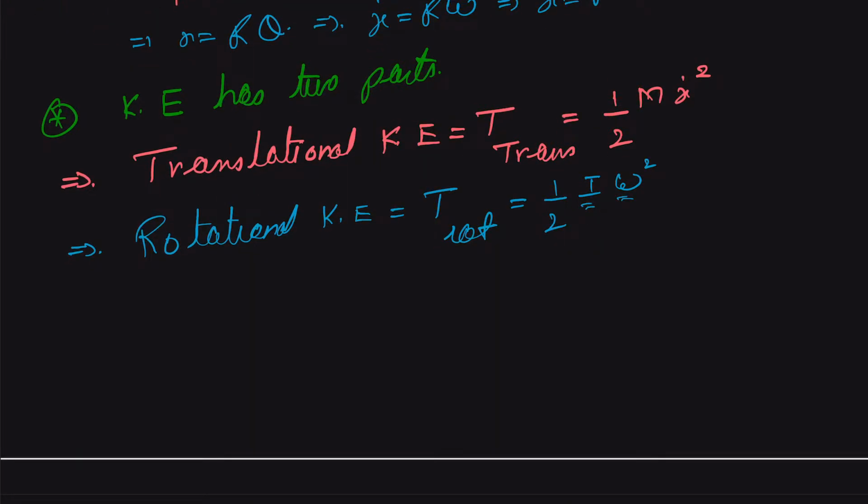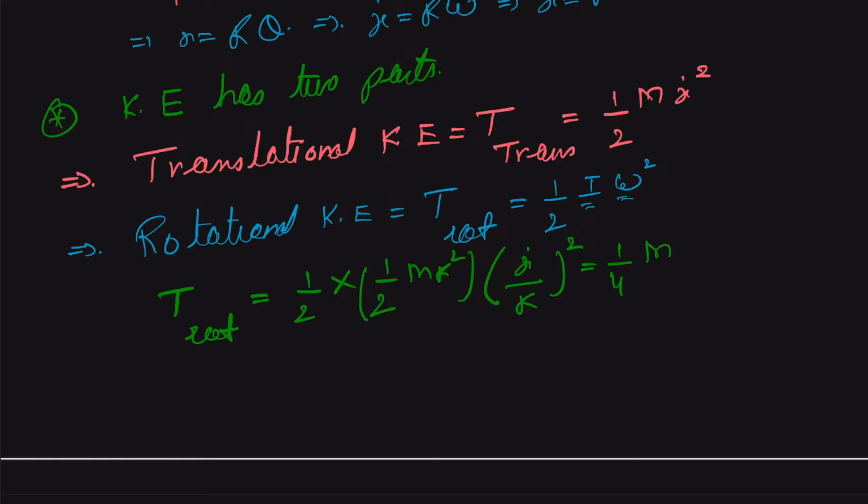Therefore the rotational energy will be half times half m r square times x dot over r, whole square. The r square and r square cancel out, giving us 1 by 4 m x dot whole square.